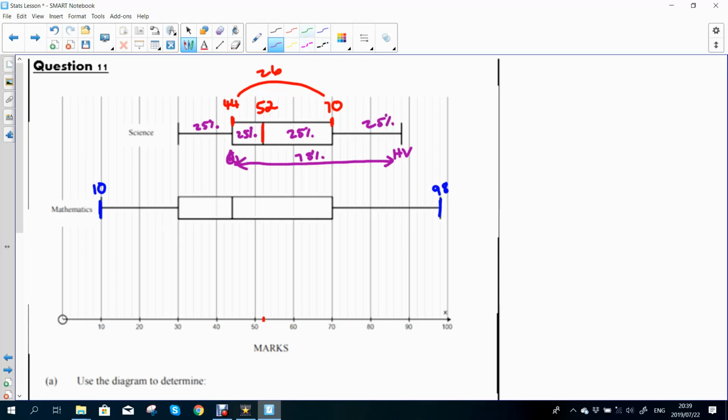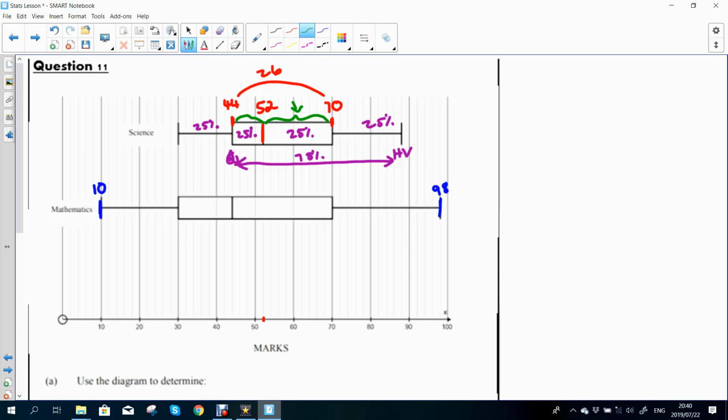So what a lot of kids do wrong, guys, is that they say, because this length or this distance is bigger than the distance here, that we have more people in that range, and that is not true. All of these little bits of a box and whisker diagram have the same amount of people in it. That's what you need to understand.